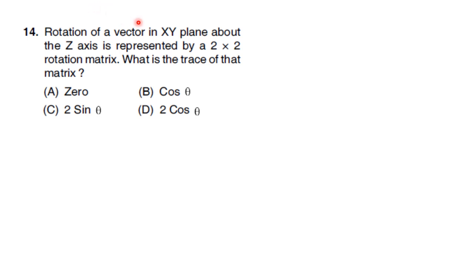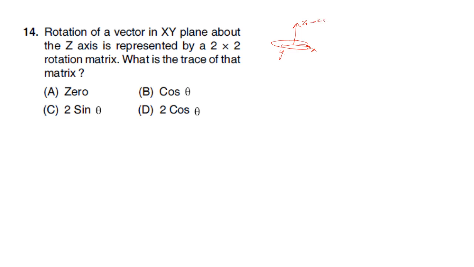Rotation of a vector in the xy plane about the z-axis is represented by a 2 by 2 rotation matrix. What is the trace of that matrix? If you consider the xy plane and rotate a vector in the xy plane about the z-axis, that means z is constant.